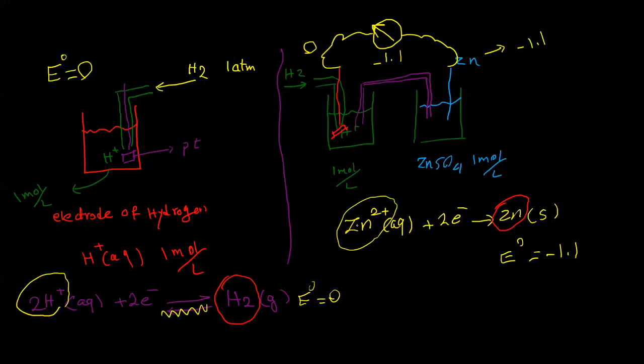So Zn losing electron is the anode, because oxidation is happening here, and H+ gaining electron is the cathode, because reduction is happening here.